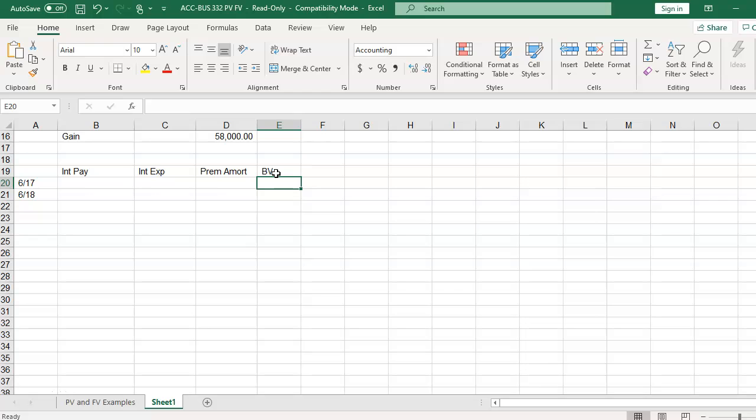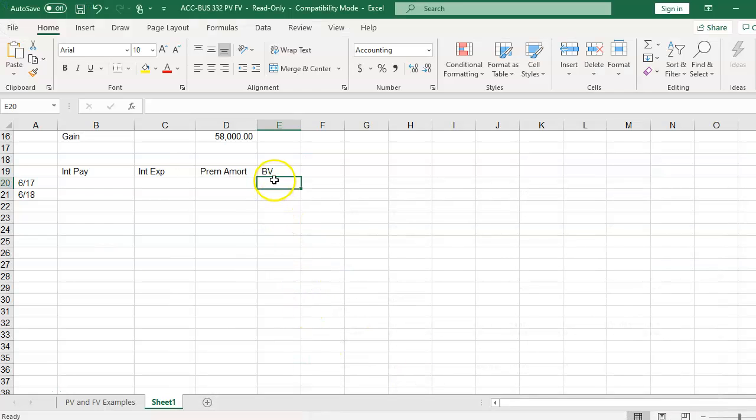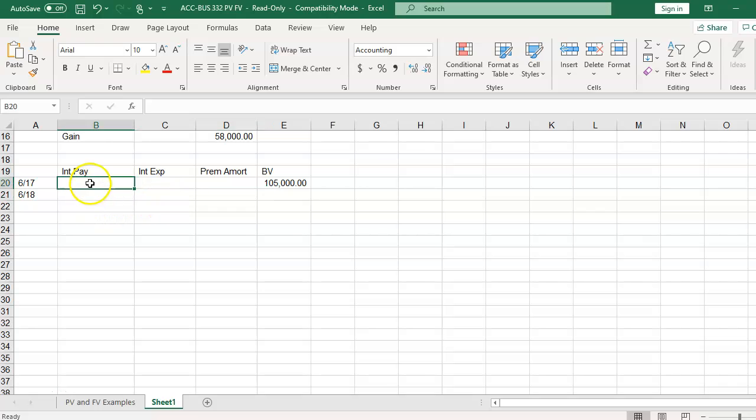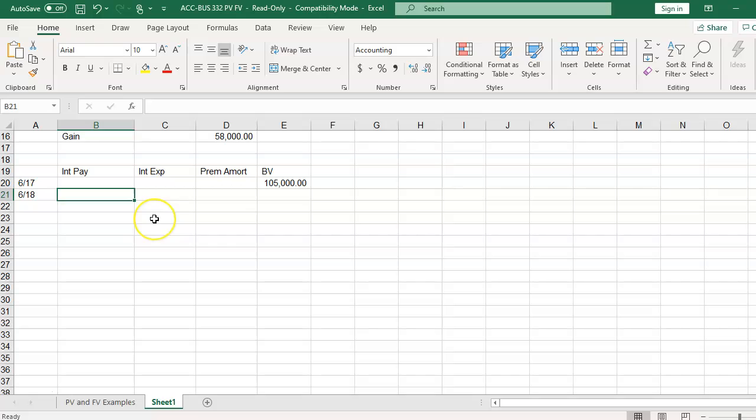We know that book value, they told us that a year ago was 105. So that's easy, we can just plug that number in. And then we need to fill in the table. The interest payment, if it's $100,000 principal and a 7% coupon or stated rate of interest, the payment is based on the stated rate.